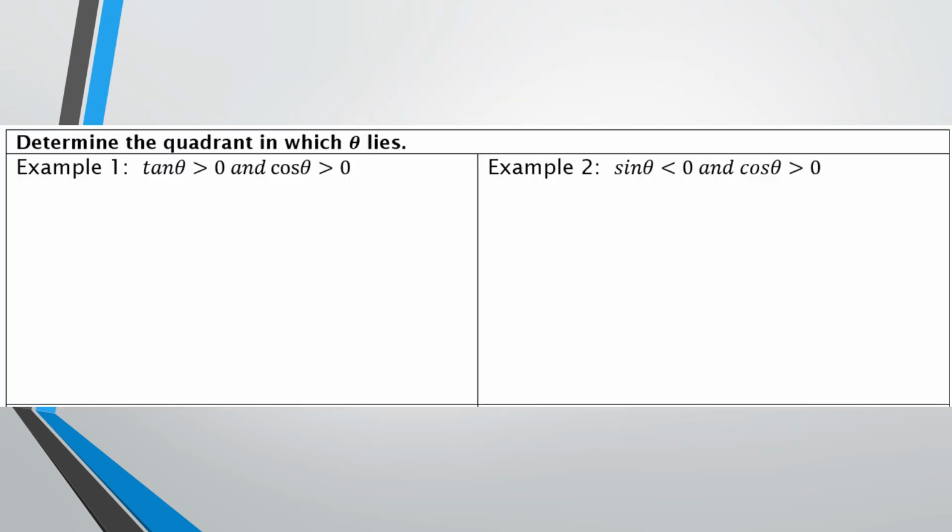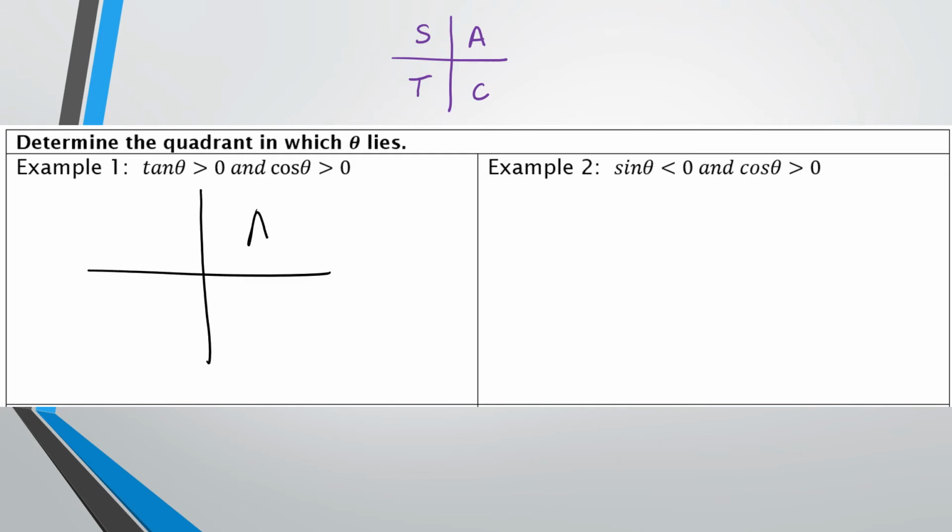All right, so what I'm going to do first is write that little chart that you should eventually have memorized. So ASTC, and remember that each of the letters stands for what is positive. So this is going to be a two-part process. I'm going to make a big chart and put these letters in. And then we have two constraints here.